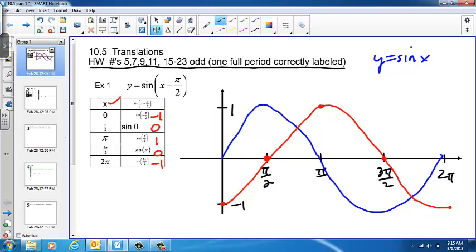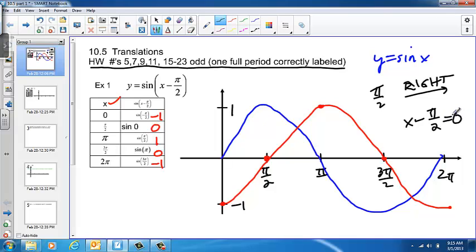And we will just say this, that plugging in x minus pi over 2 for x moved the graph pi over 2 units to the right. So, if you want to think of it this way, think of the new origin. We replaced x with x minus pi over 2.